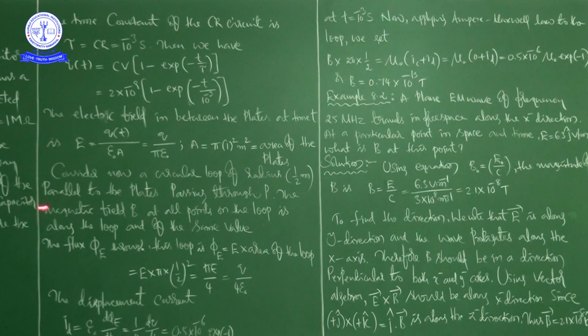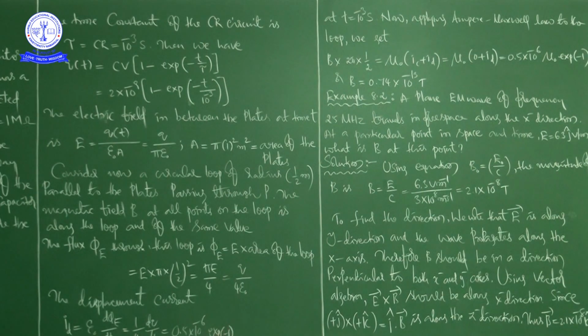And that is what he is asking. In this problem, he is asking to calculate the magnetic field at a point P halfway between the center and the periphery of the plates after t equal to 10 to the power of minus 3 seconds. So we used the time value also, 10 to the power of minus 3 seconds.